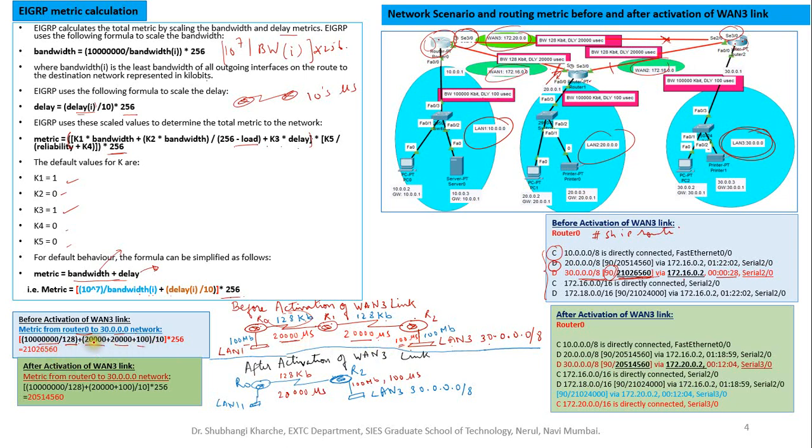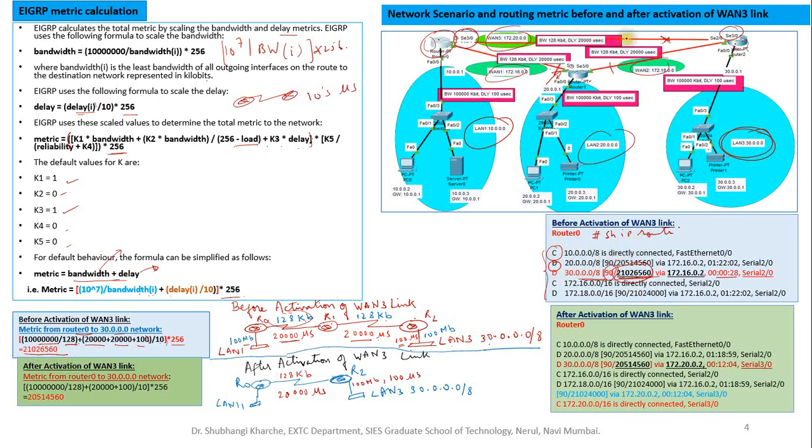This delay should be divided by 10 because the delay on EIGRP links is in tens of microseconds, and this whole thing must be multiplied by a factor of 256. So the metric for this path is 21026560. The same is observed in response to the command show ip route.